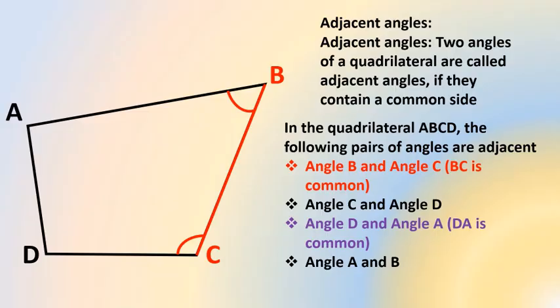Because those angles are adjacent angles. The side is not actually part of the angle, but still the angles are holding the side, right? You can imagine, or the side is holding the angles. So it is the common side. That is why we call these two adjacent angles.